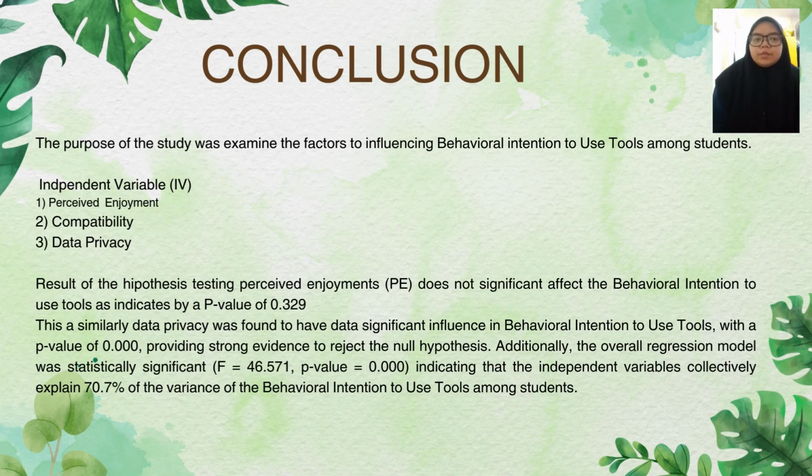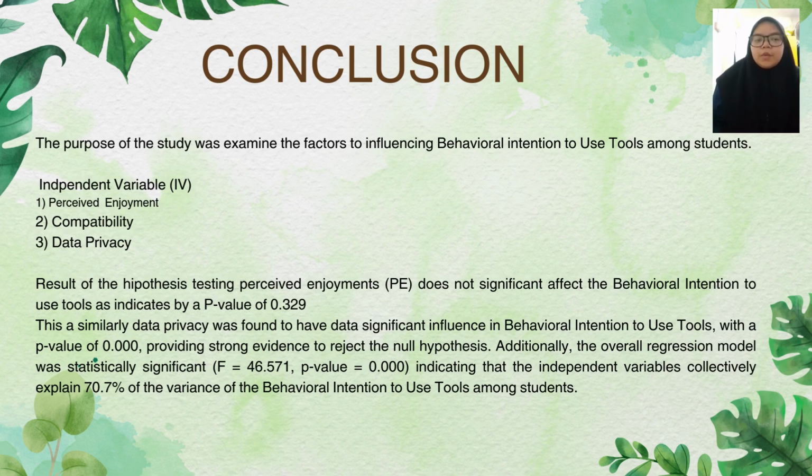In conclusion, the purpose of the study was to examine the factors influencing the behavioral intention to use tools among students. The first independent variable is perceived enjoyment, second is compatibility, and third is data privacy.